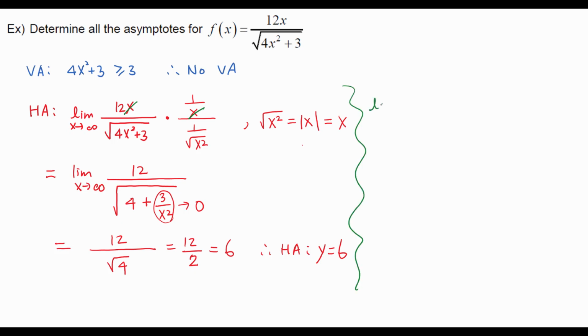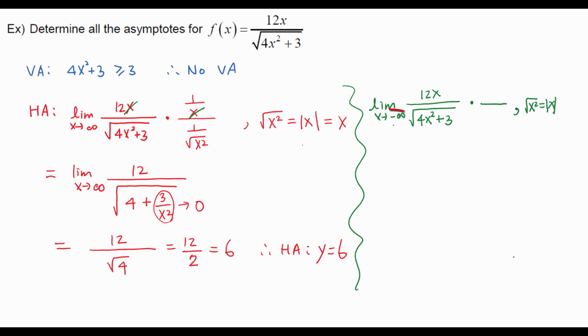Similarly, the limit as x approaches negative infinity this time of this same function, 12x over the square root of the quantity 4x squared plus 3, multiplied by the quantity 1. But this time, the square root of x squared is the absolute value of x.